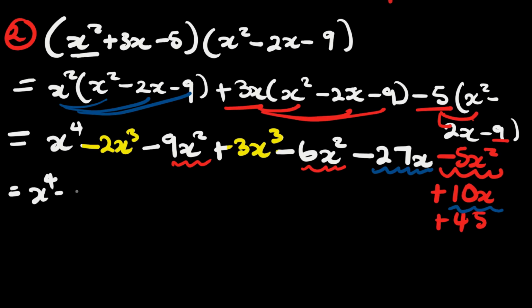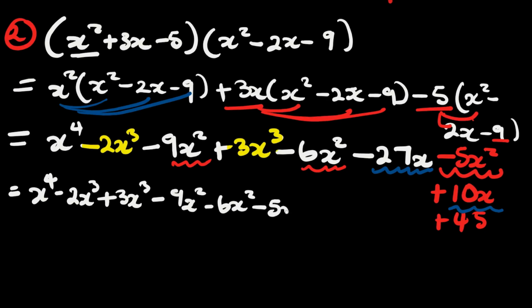X to the power 4 minus 2x to the power 3 plus 3x to the power 3 minus 9x squared minus 6x squared minus 5x squared, and we're going now minus 27x plus 10x plus 45.